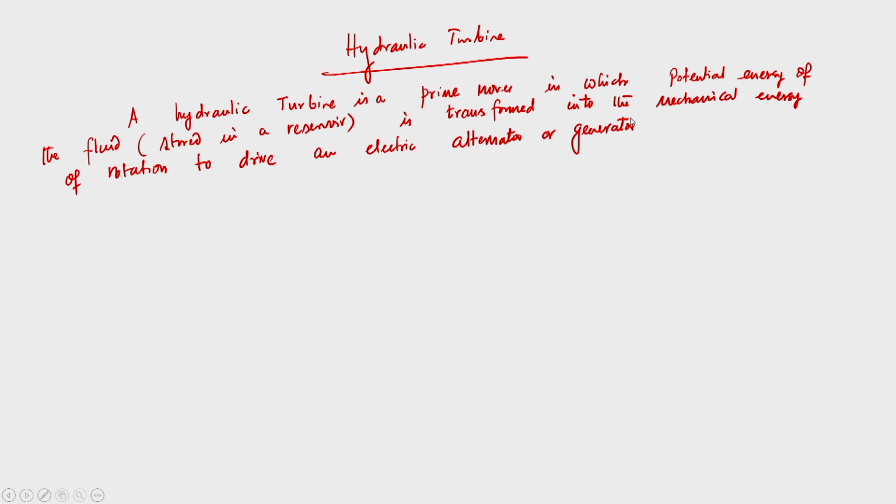So, this is very important. A hydraulic turbine is a prime mover in which potential energy which is stored in the reservoir is transformed into the mechanical energy of rotation, to drive the generator or alternator. So, we are getting electricity.